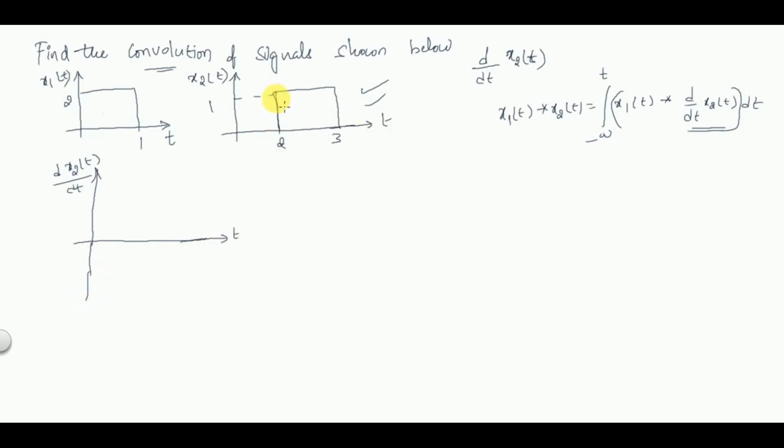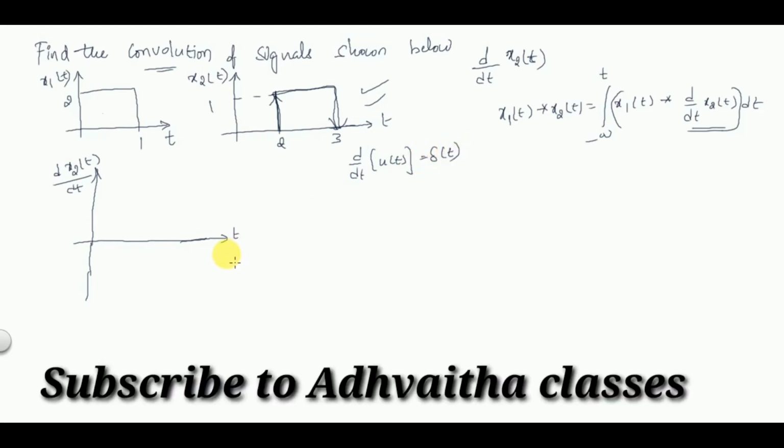Okay, so this is a unit step signal. So at instant 2 it is rising unit, and at 3 it is decreasing, that is falling unit step. Okay, so what is differentiation of unit step? We know that differentiation of unit step signal is an impulse signal. Okay, so this is the relationship between unit step signal and impulse signal.